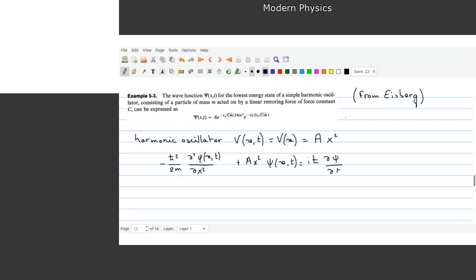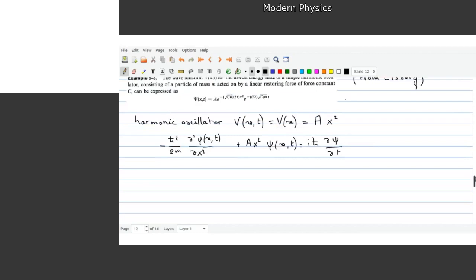In your Schrodinger equation you put the form of this potential, and so you will have this solution here. I'm not going to treat this example. It is to verify that it is a solution of this equation. So you take it, you differentiate with respect to t, you differentiate twice with respect to x, and you show that it obeys this equation.